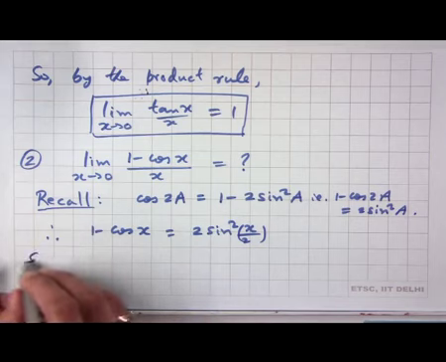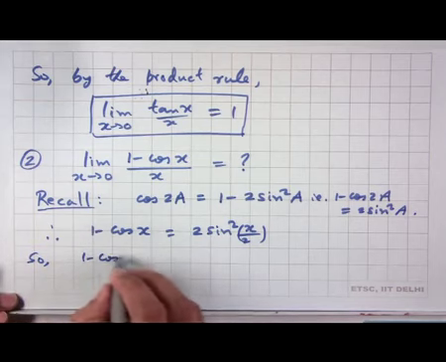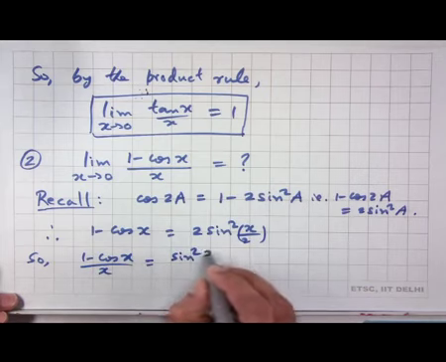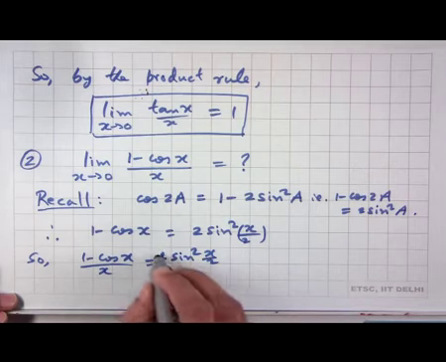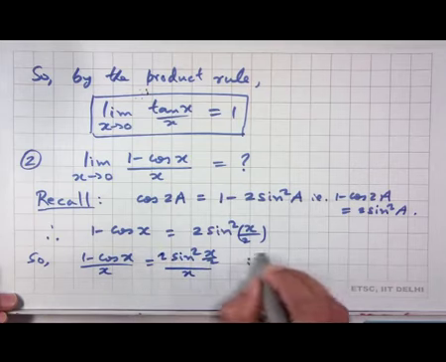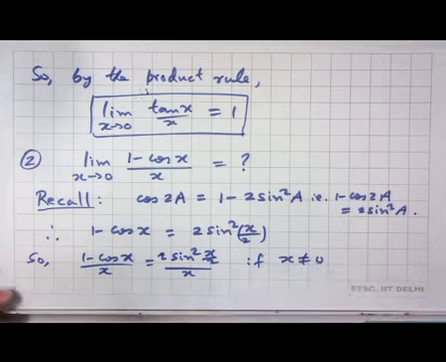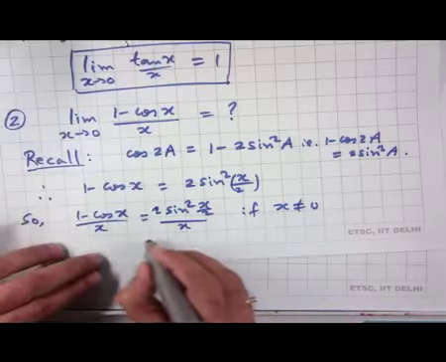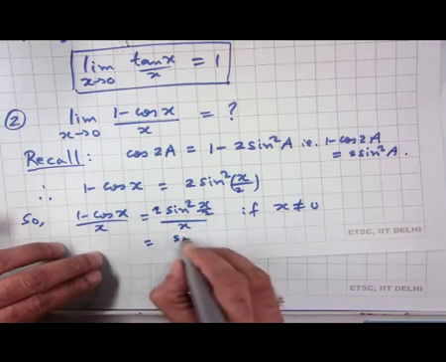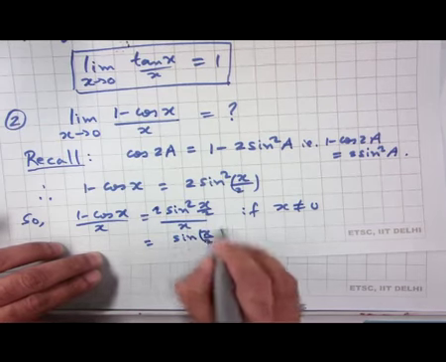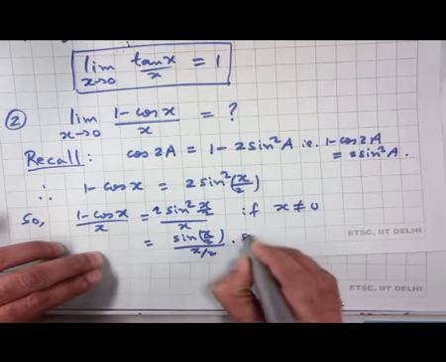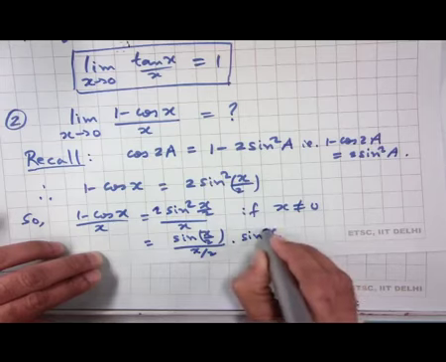So, the numerator is equal to 2 times sine square x by 2, denominator is x. So, 1 minus cos x by x is equal to 2 sine square x by 2 divided by x if x is not equal to 0, and then we can write this as sine of x by 2 divided by x by 2 times another sine of x by 2, right.